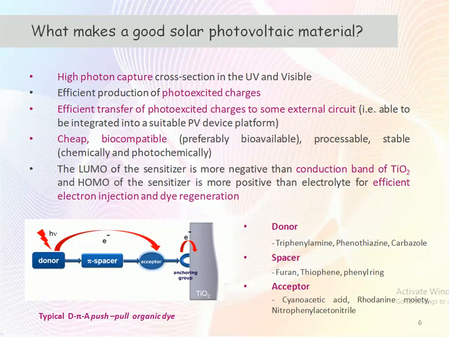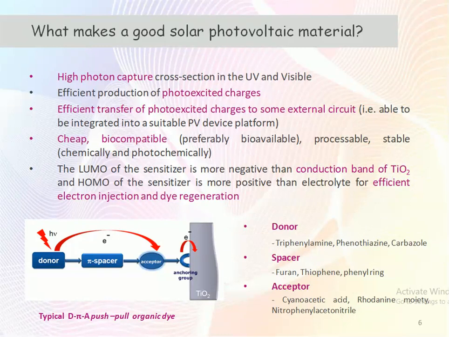Since the acceptor is electron withdrawing in nature and the donor is normally electron rich, the acceptor has a tendency to anchor on the surface of TiO2, where electron injection takes place from the excited dye. That's about the donor-acceptor push-pull organic architecture.